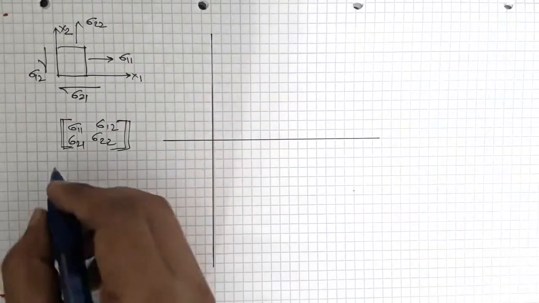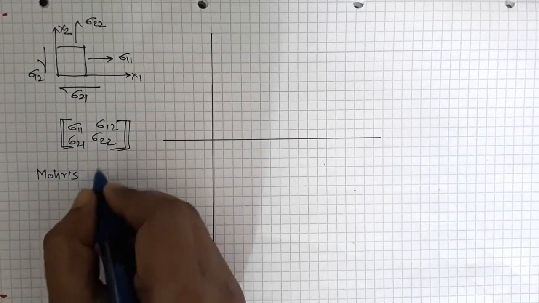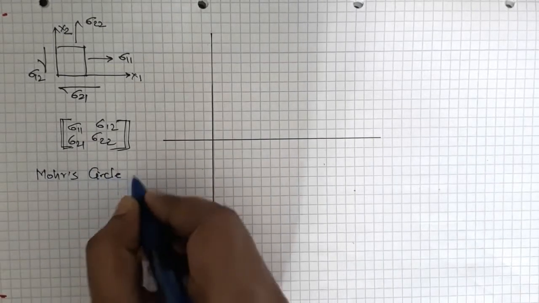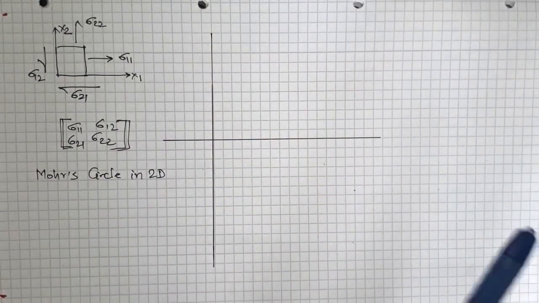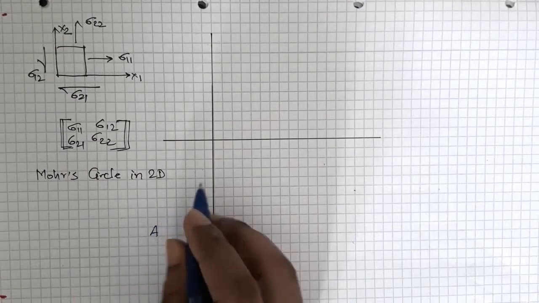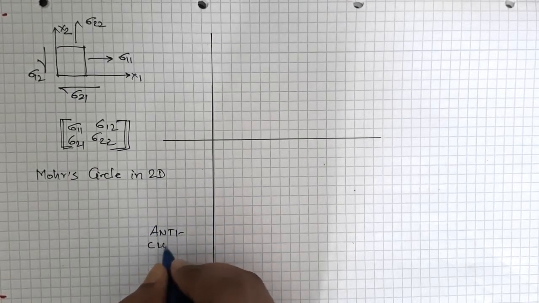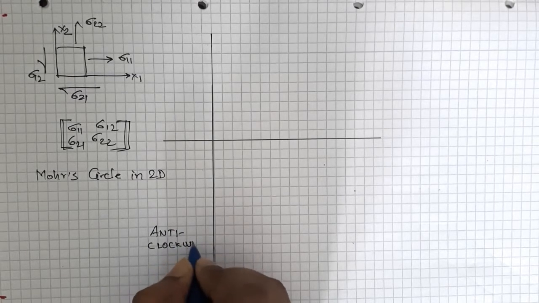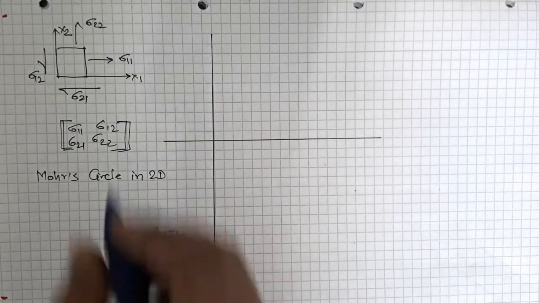So we are revising it again, Mohr circle in 2D. You remember the lower part of the Cartesian coordinate was dedicated for the anti-clockwise shear stress, and the upper was clockwise.